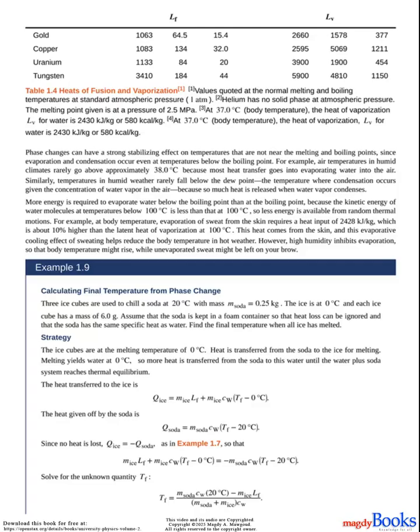Table 1.4. Heats of fusion and vaporization. 1. Values quoted at the normal melting and boiling temperatures at standard atmospheric pressure, 1 atmosphere. 2. Helium has no solid phase at atmospheric pressure. The melting point given is at a pressure of 2.5 megapascals. 3.